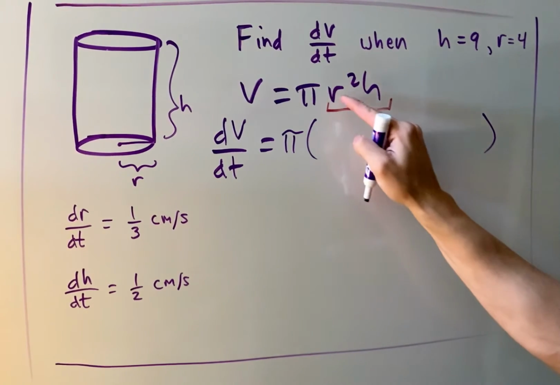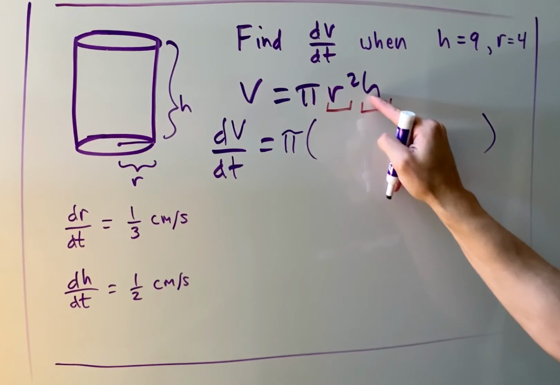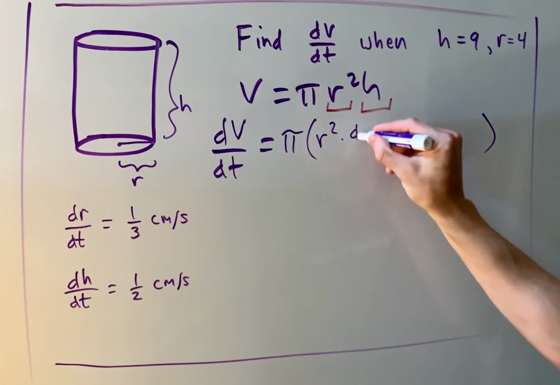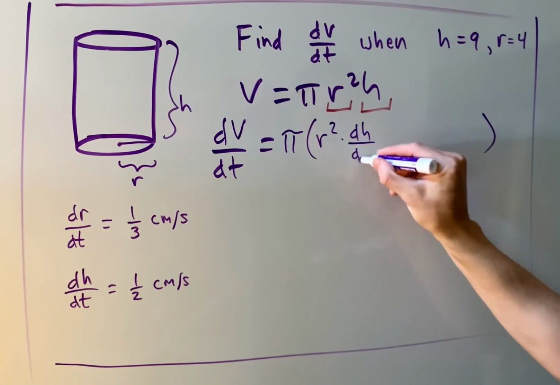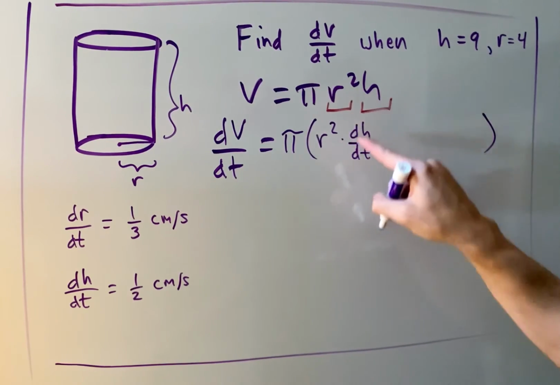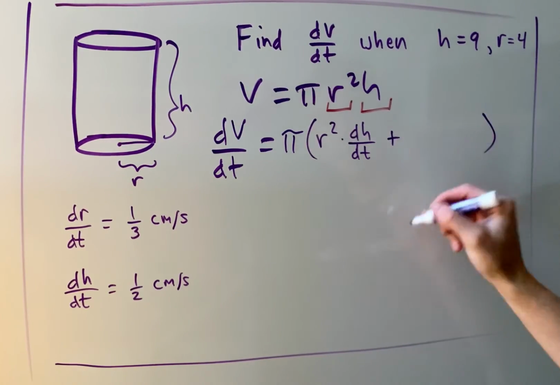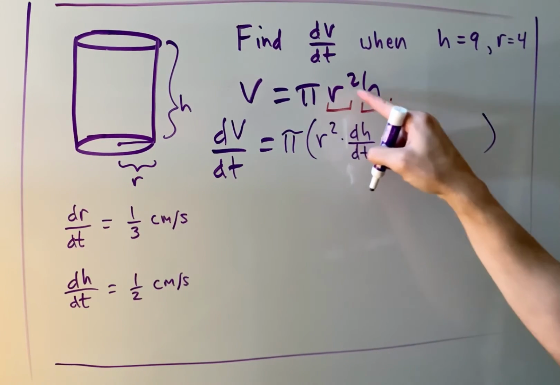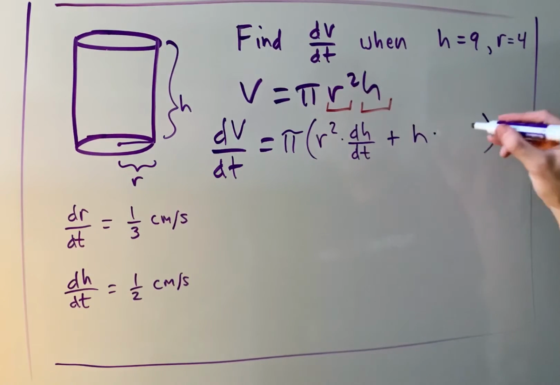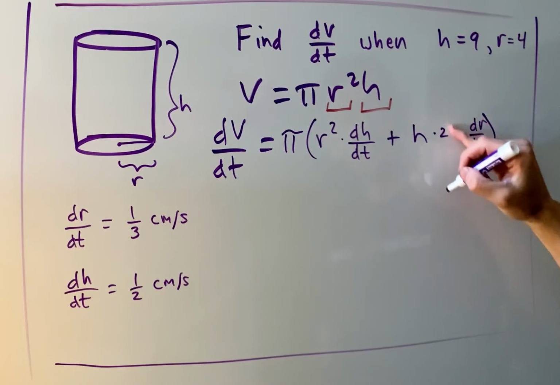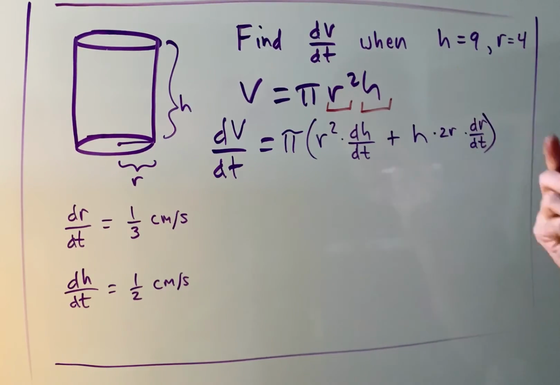So the first piece times the derivative of the second piece, that would be r squared times dh dt. So the first times the derivative of the second, and it's always plus the second piece times the derivative of the first piece. Well, the derivative of this is going to be 2r times dr dt, right? dr dt, the chain rule.